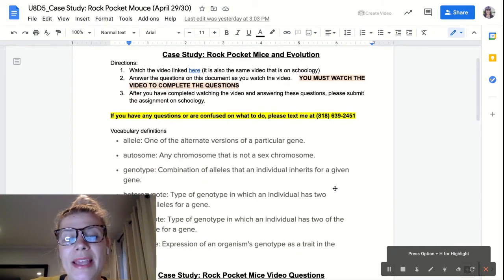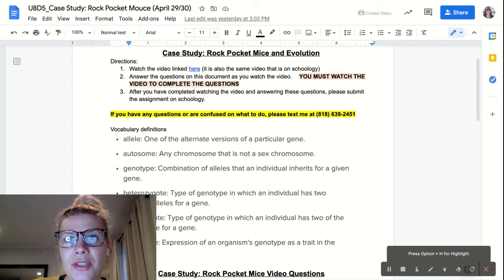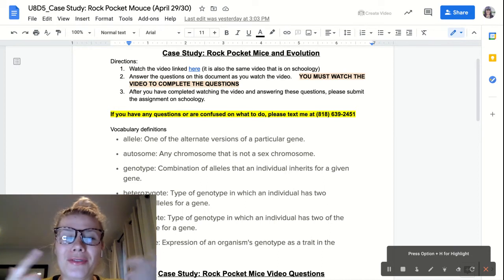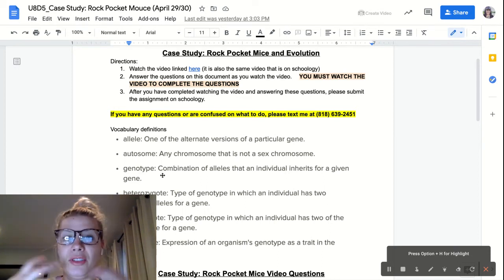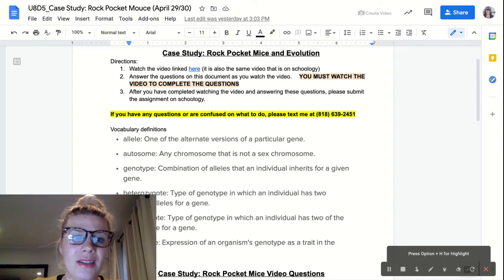I gave you a few vocabulary definitions just to kind of start you off. An allele, reminding you, is one version of a particular gene. For example, blue-eyed allele, brown-eyed allele, right? One version of a trait. Genotype, right? The type of genetic information an individual has, even though you might not be able to see it.